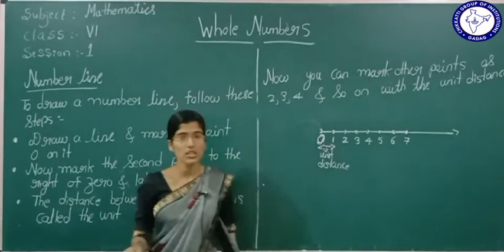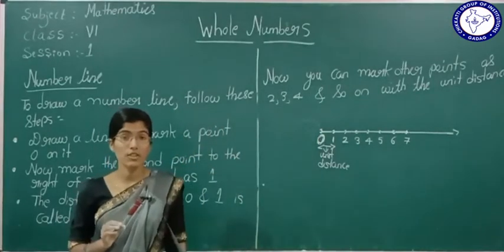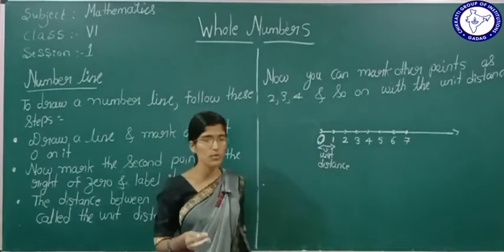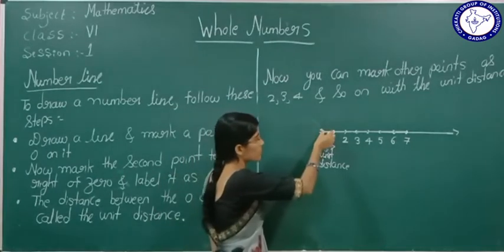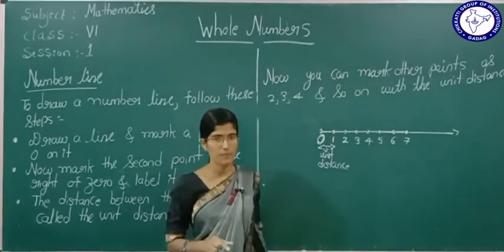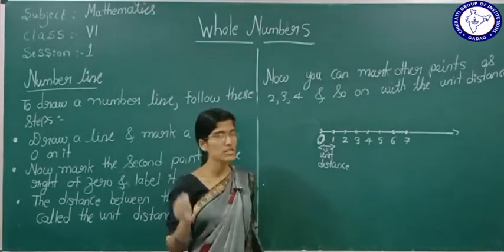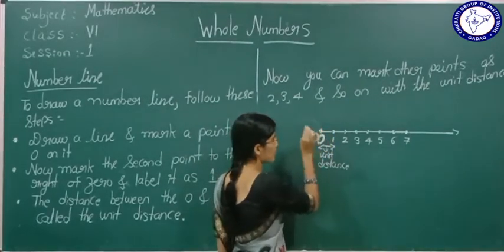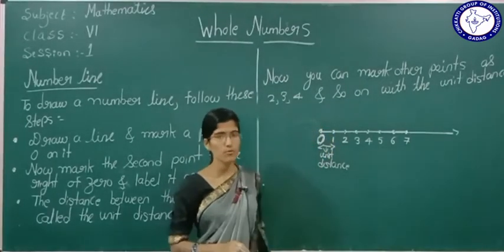You can't mark the points however you want. Many students will mark a point however they want. That is not the way. First draw a line, then mark the point 0 because whole numbers start from 0, right?